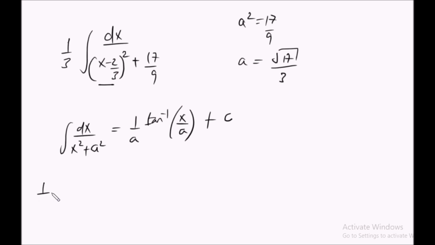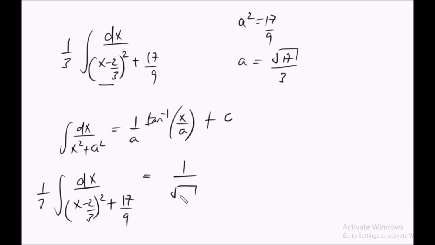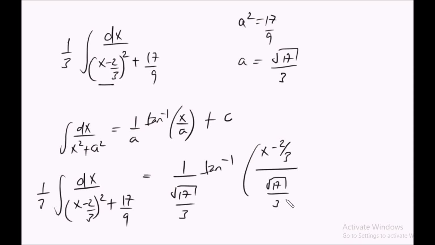So huyu mwamba na 1 over 3 dx, x minus 2 over 3 squared plus 17 over 9, atakuwa ni sawa na 1 over a, kwa hiyo ni 1 over the square root of 17 over 3 tan inverse. So kwenye x hapo nimereplace na x minus 2 over 3, so linear equation inakubalika. So kwenye a hapa tuna hiyo square root of 17 over 3 plus c.